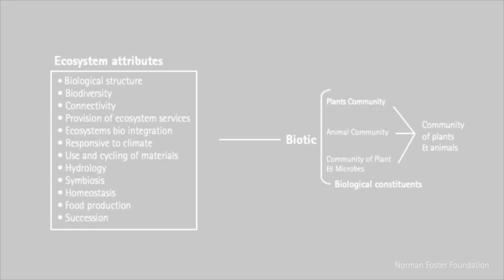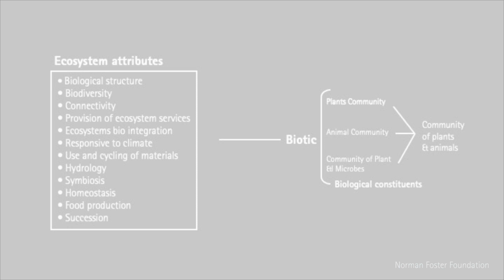Ecosystems have biological structure, they are biodiverse, and they are all connected. They provide ecosystem services and are integrated as in a natural environment. In response to climate, you can see that different ecosystems at different climatic zones respond to the climate locality.